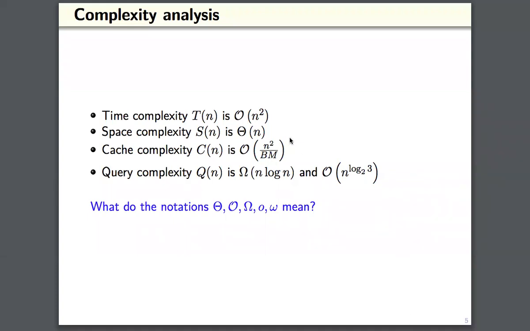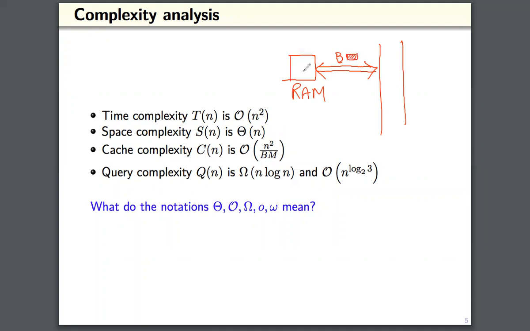Suppose this is your RAM and this is your hard disk. Whenever you bring data from hard disk to RAM, it is brought in terms of block size B. I mean, you cannot get 1 byte only. You get a block of data, right? B units of data.